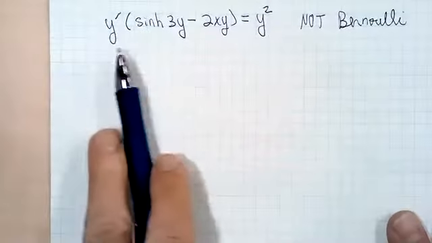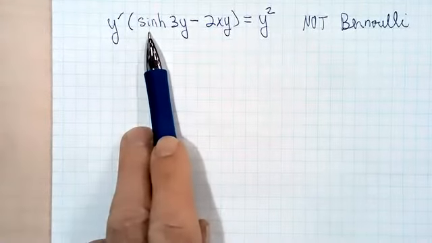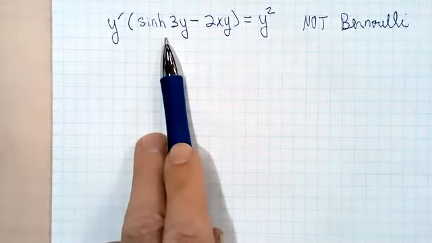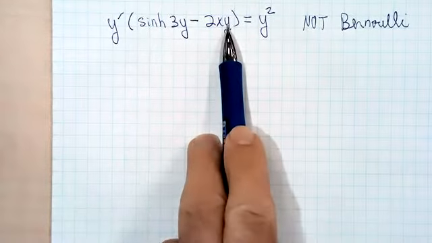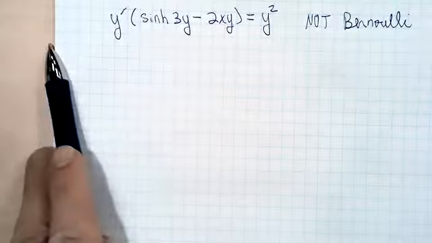This is not Bernoulli because it can't be made to fit into the form. So you've got a y in here. You have y prime times y. You need a left-hand side that's linear for Bernoulli. This is not Bernoulli, and it's not linear.